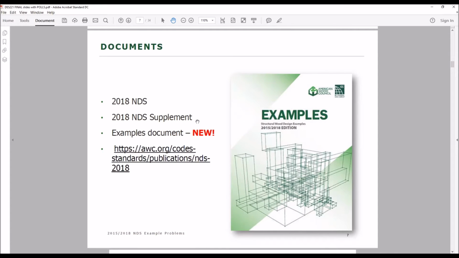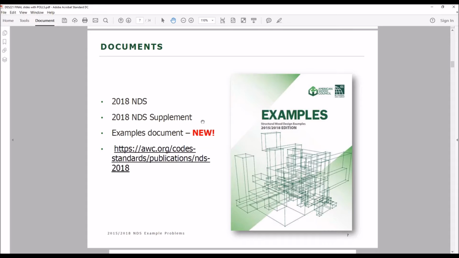As I mentioned, the documents we're going to be talking about today, primarily when I'm discussing these examples, I'm going to be referring to the 2018 NDS for section references and equations and things like that. They are going to be the same as they are for the 2015 NDS for nearly every example that we do today and nearly every example in the actual document.